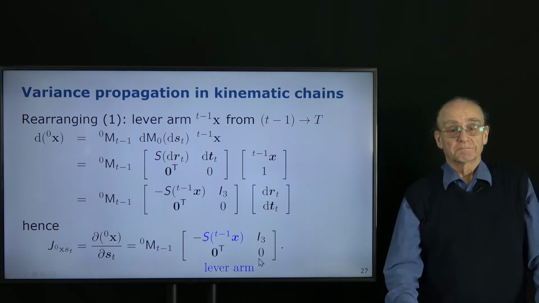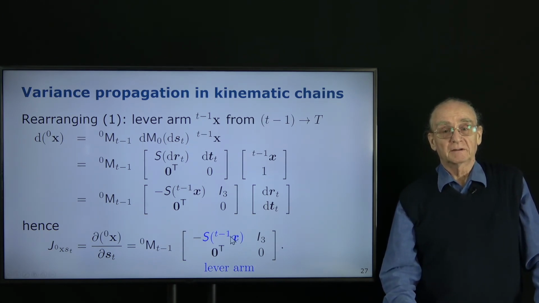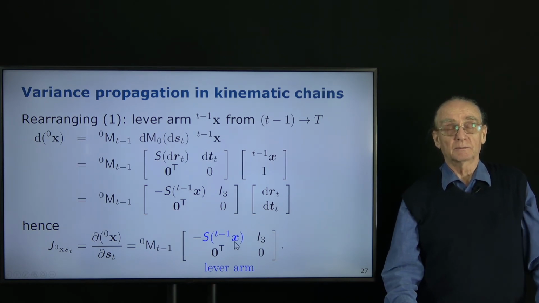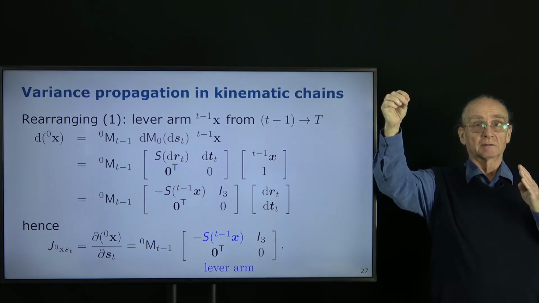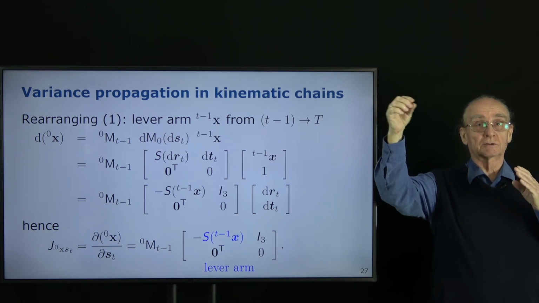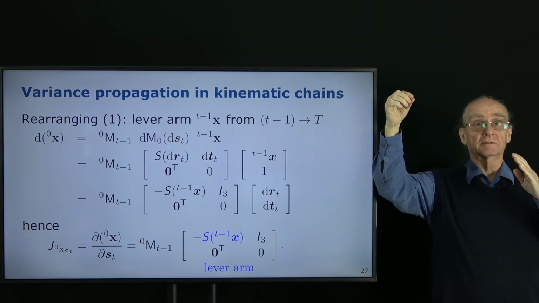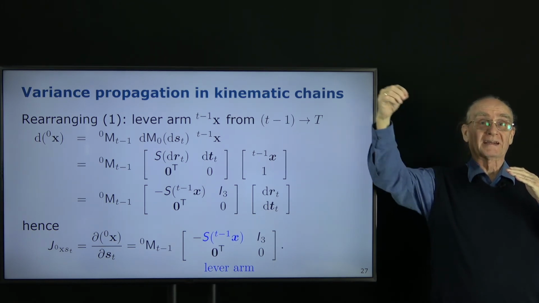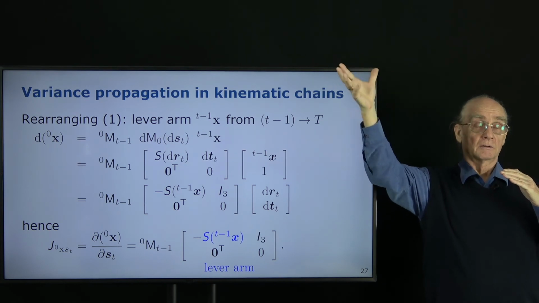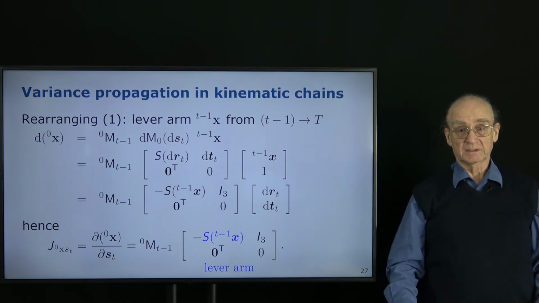Now you see that here are actually the coordinates of x t minus 1, which is the lever arm which makes the influence on the coordinates. So if there is a motion in this t, let's say a rotation, only the rotation part, this is multiplied with the length to the beginning, xt.